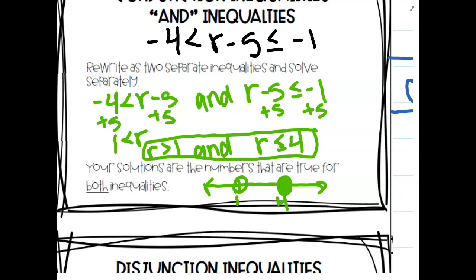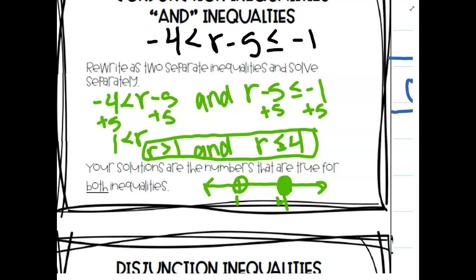Now, when you're trying to decide where you're going to shade, remember, you can't be on both Central and Tyler unless you're at the intersection of Central and Tyler. So what you're looking for here is kind of like the intersection of these two inequalities.